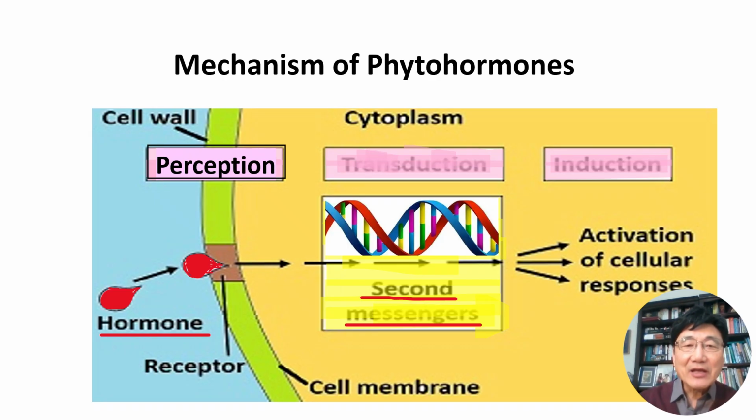For example, auxin and the gibberellin receptors are found in the cytoplasm, and the cytokinin receptors are observed in the plasma membrane. After signal perception, transduction begins by second messengers. This signal transduction modifies gene expression and finally induces the cellular responses.